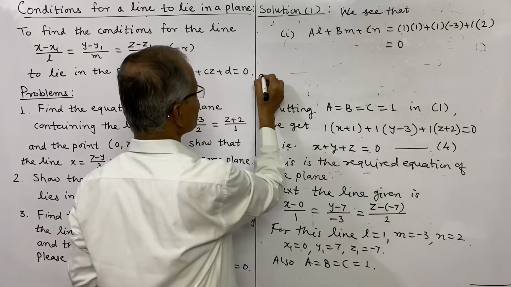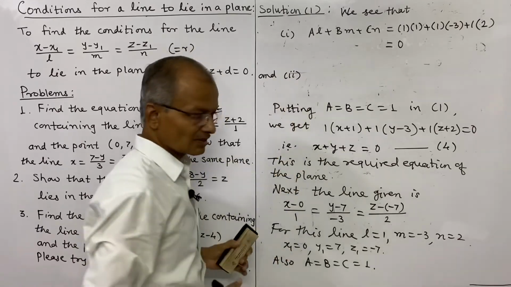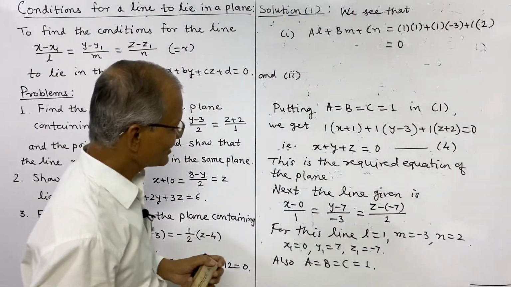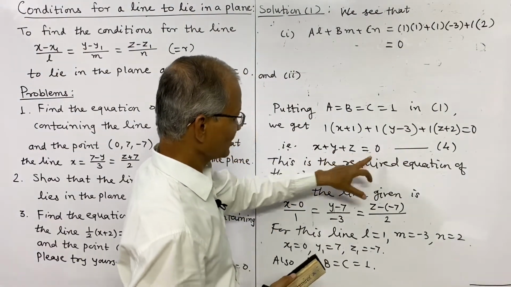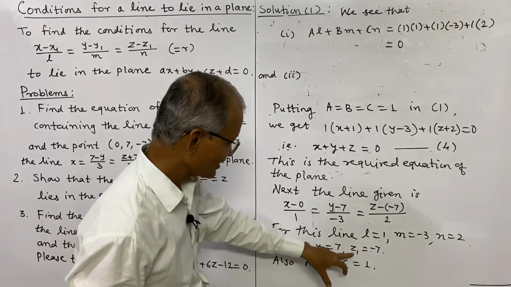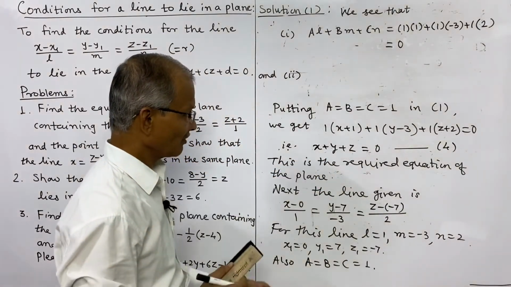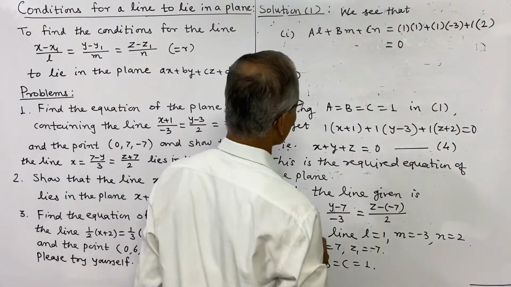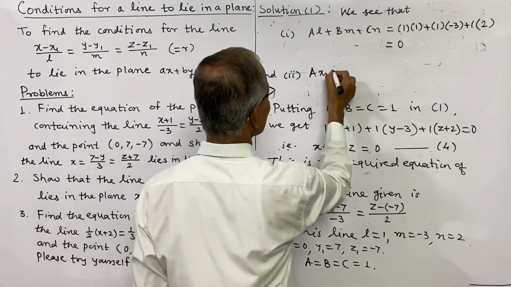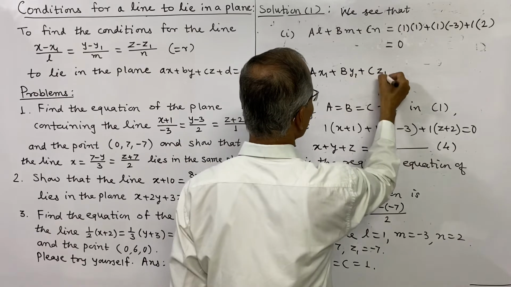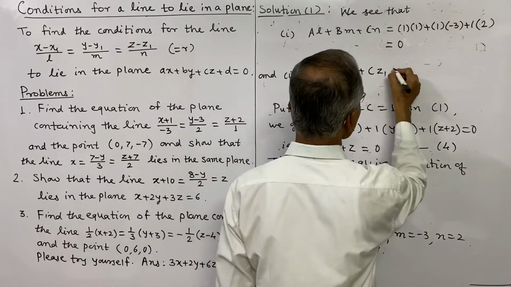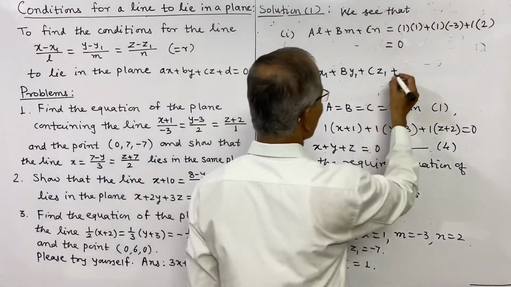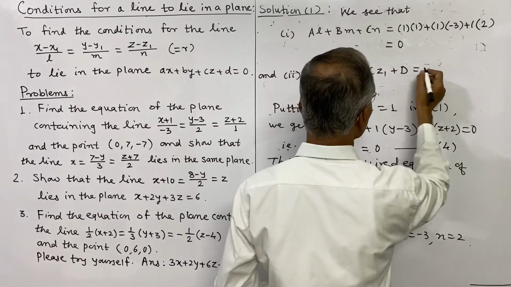And second, what is the second condition? A into x1, the equation of the plane being x plus y plus z is 0, and this point x1, y1, z1 must be on the plane. So we may write A into x1 plus B into y1 plus C into z1 plus D, where D is the constant, is equal to 0.